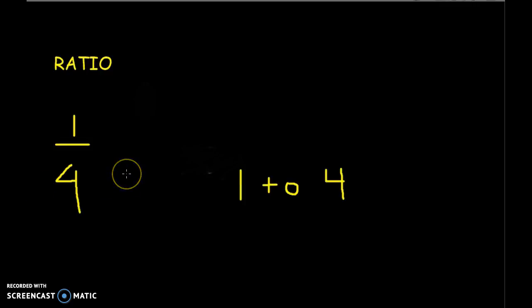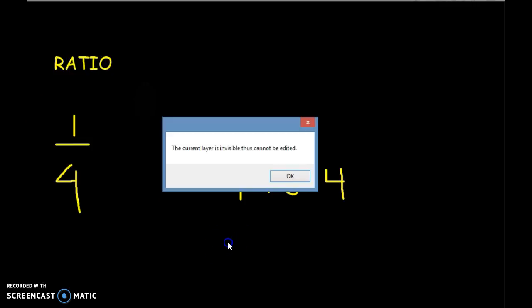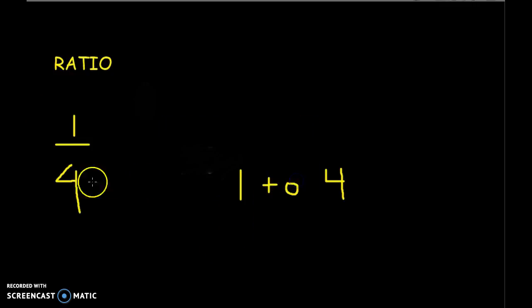Another way to look at 1/4 is as a ratio. As a ratio, we would read this as 1 to 4. So for every one rock that I have, I would have 1, 2, 3, 4 sticks.